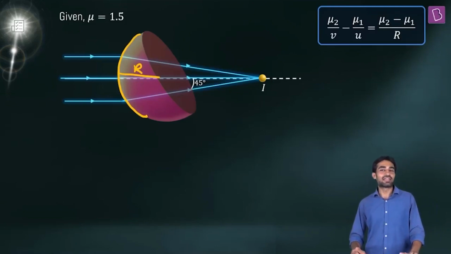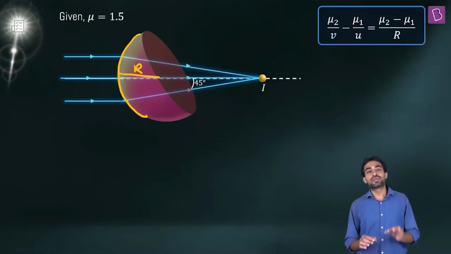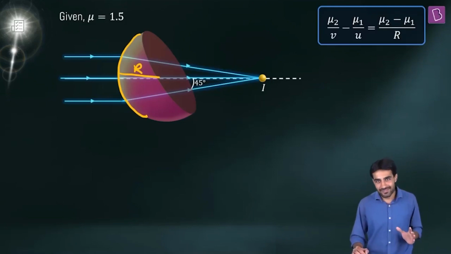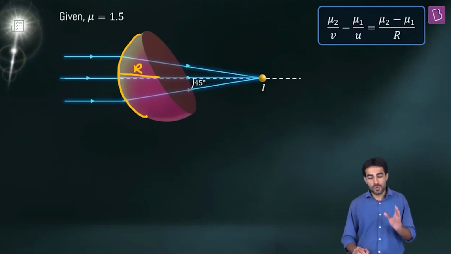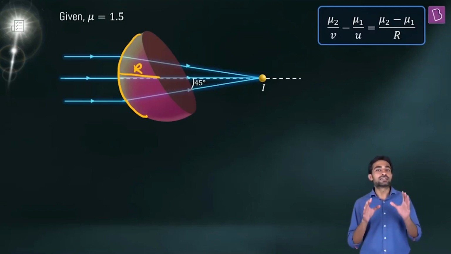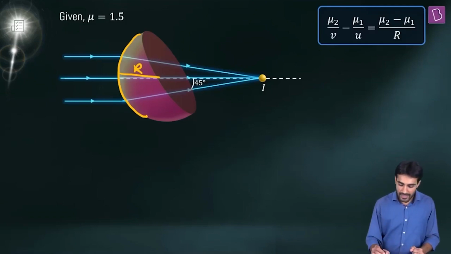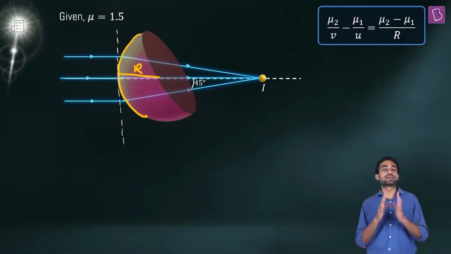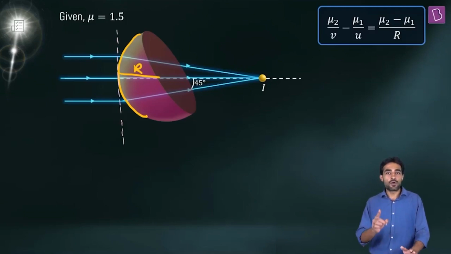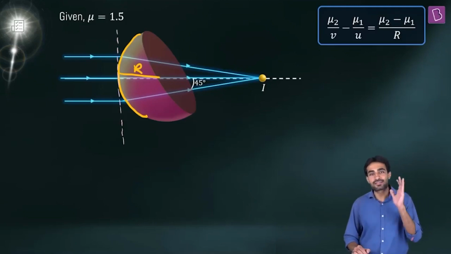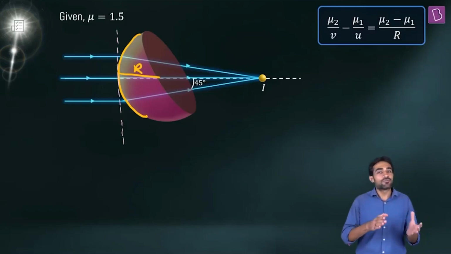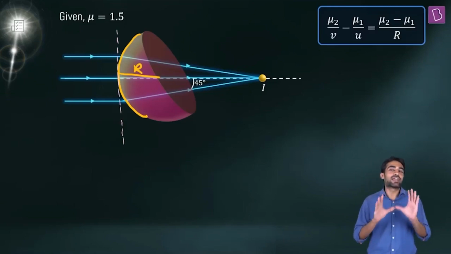Nice. Now, let's put everything with their appropriate signs. First we will find out the sign of R. How to do that? Well, first of all, let's see the surface. This is the spherical surface, so we will measure everything from this spherical surface. We are talking about the first refraction. Now, one direction will be positive and one direction will be negative.